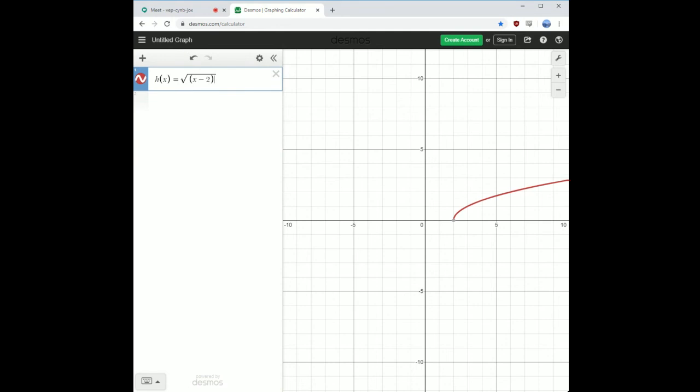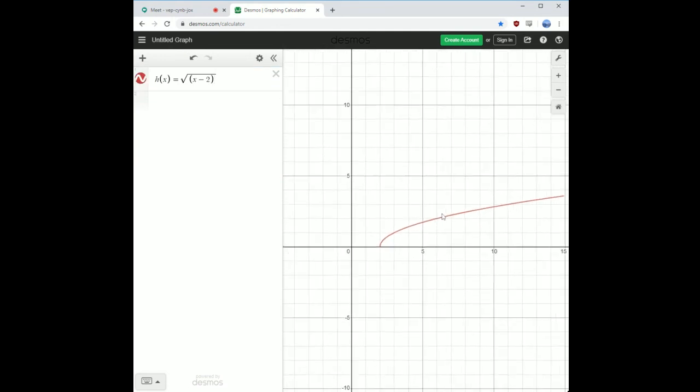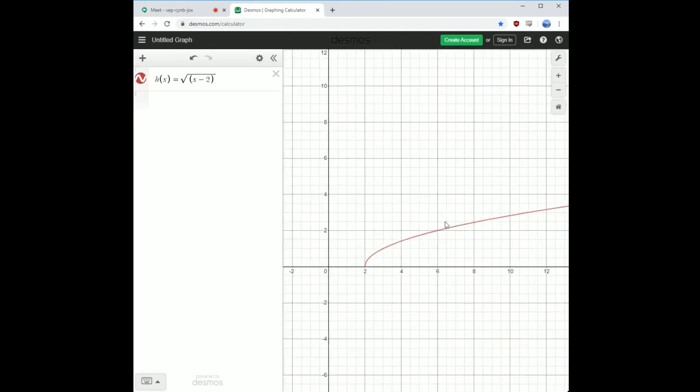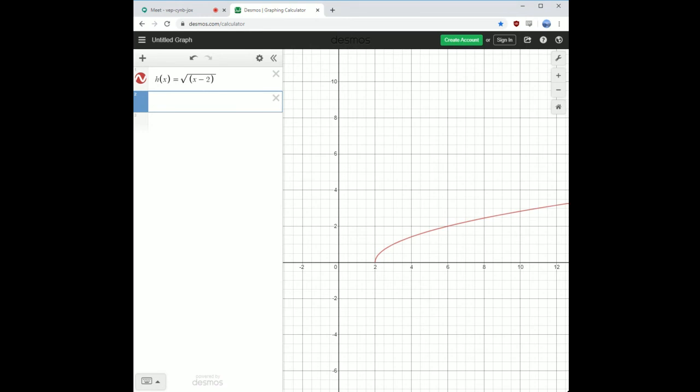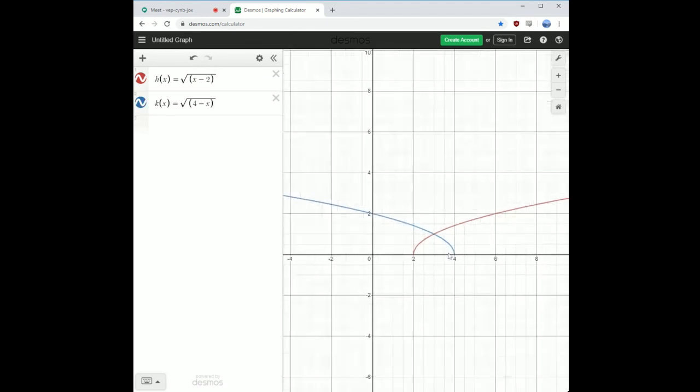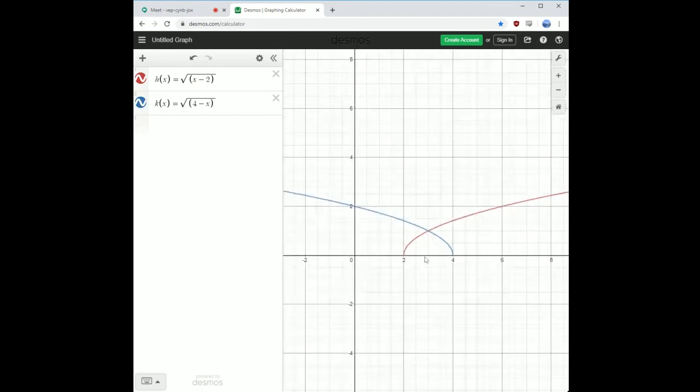Here's h of x. And I said that k of x equals the square root of 4 minus x. So the blue graph is k of x. So these are my two square rooty guys.